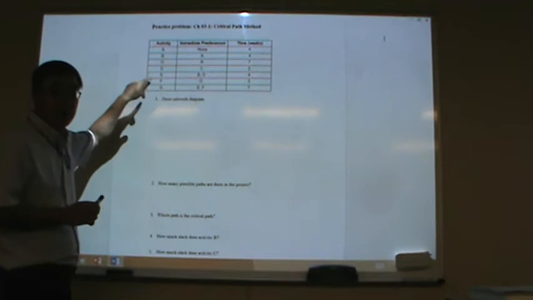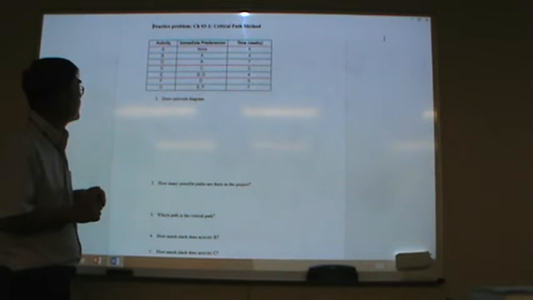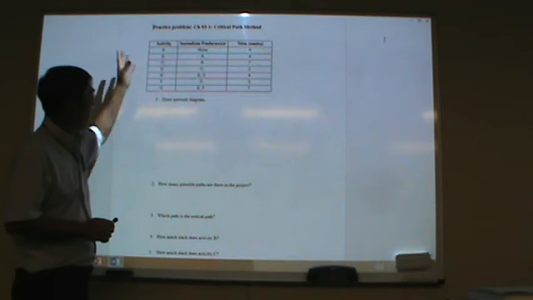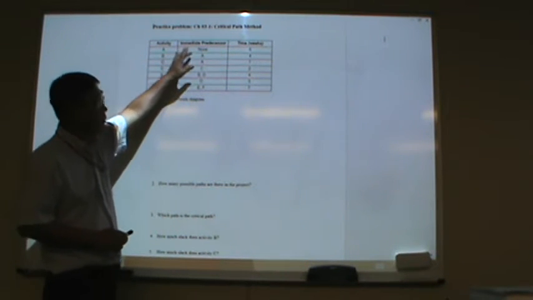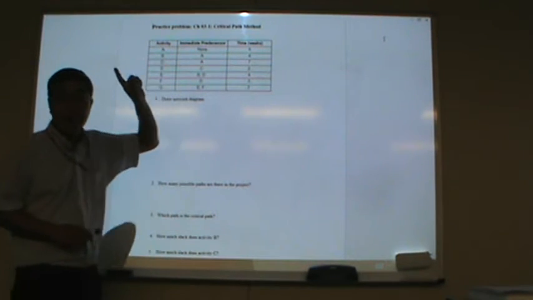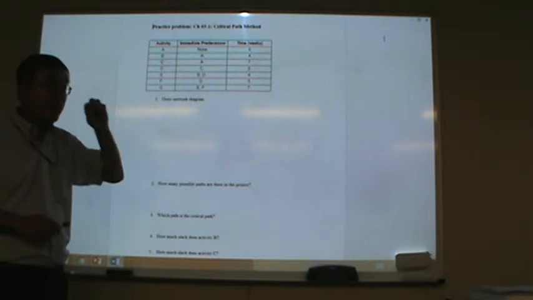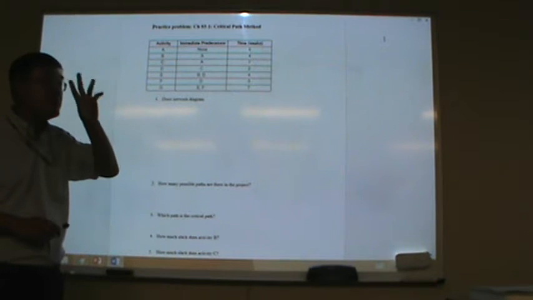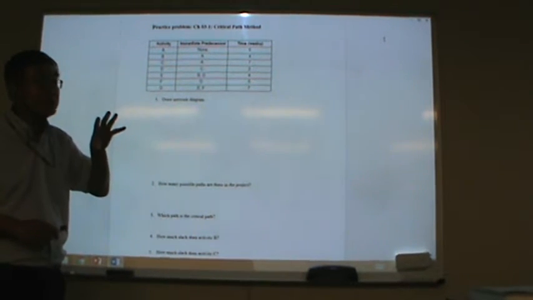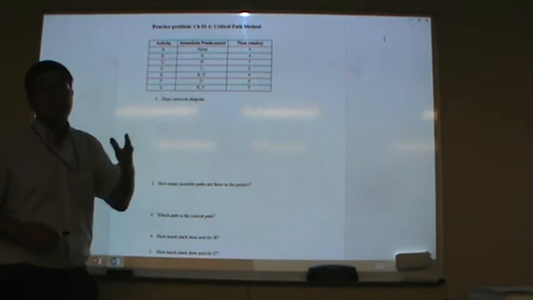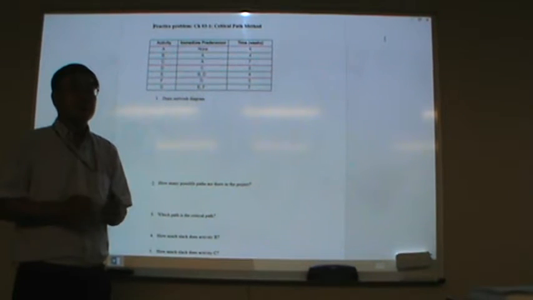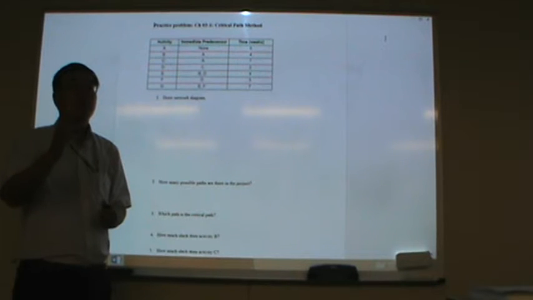There are 7 activities. Activity A, B, C, D, and G. None, right? Activity A, starting point. Sometimes it's not necessary. Starting point is only 1, maybe 2, maybe 3.